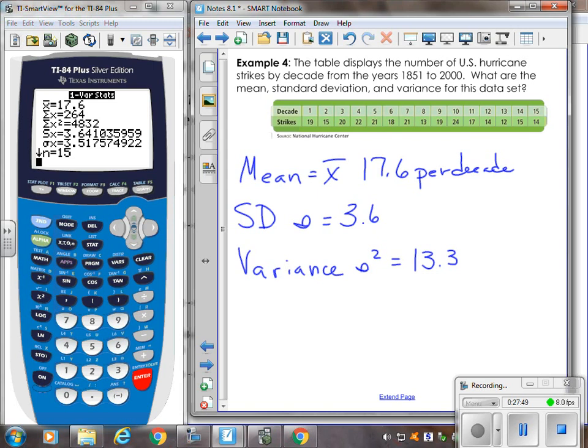All right, so now what does this mean? Well, it means that on the average, there's 17.6 hurricane strikes per decade, and that it varies by 3.6 strikes. Now, we could even round these to whole numbers, and it might even make more sense, right? Because can you have part of a strike? Not really.